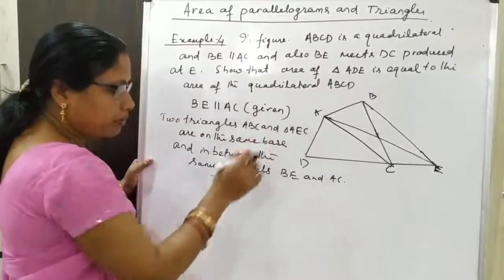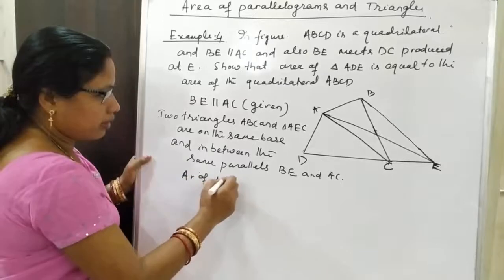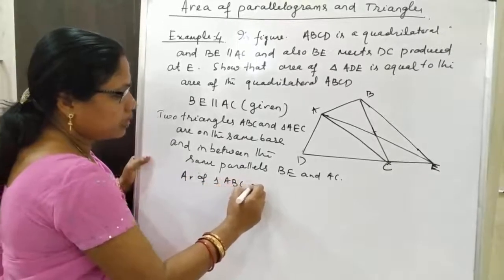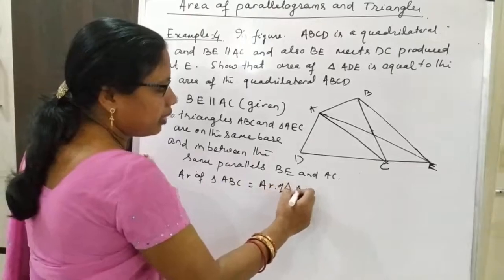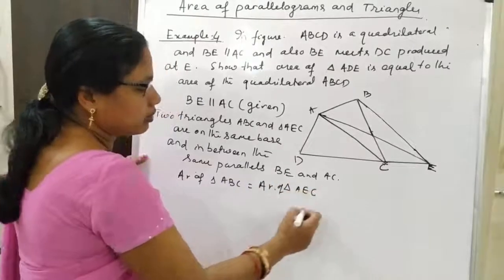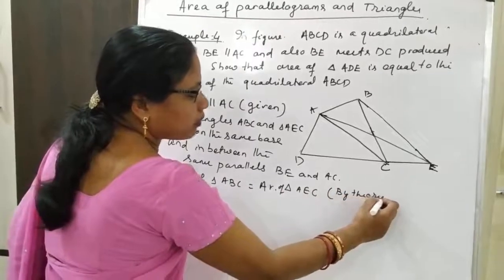So by our previous theorem, area of triangle ABC is equal to area of triangle AEC by theorem 9.2.